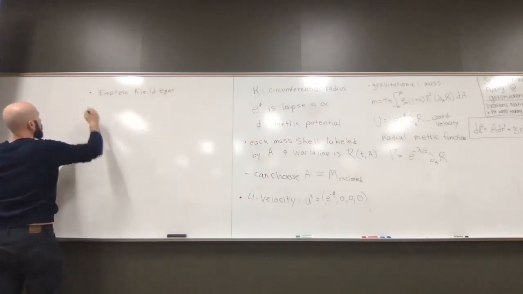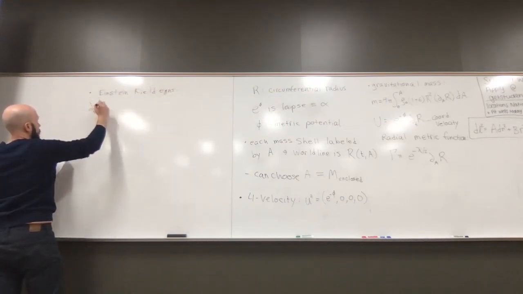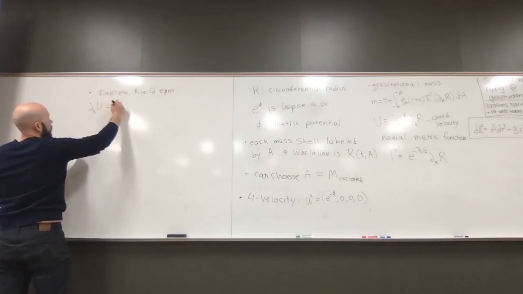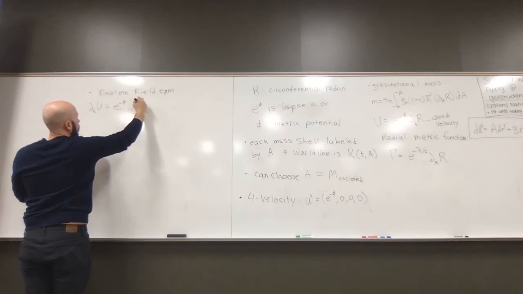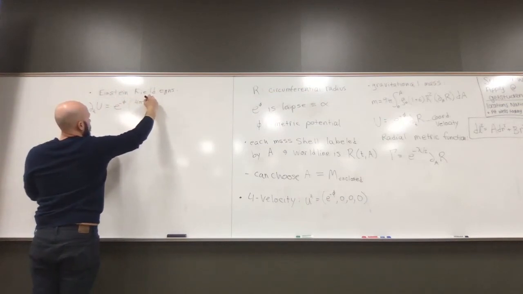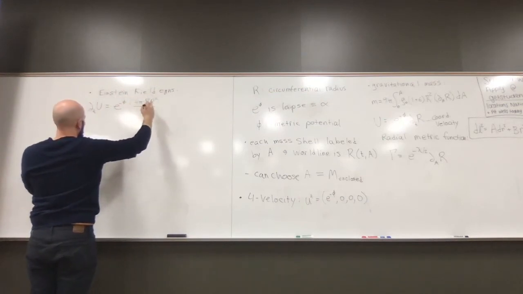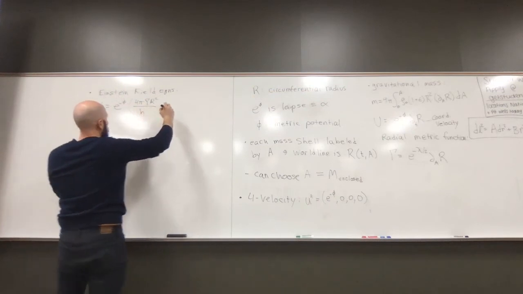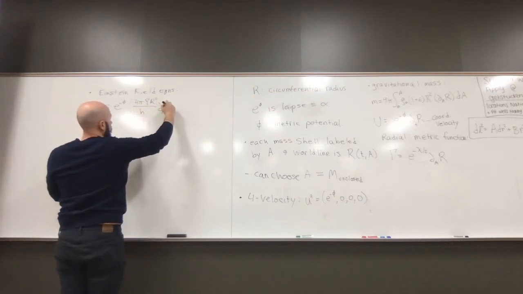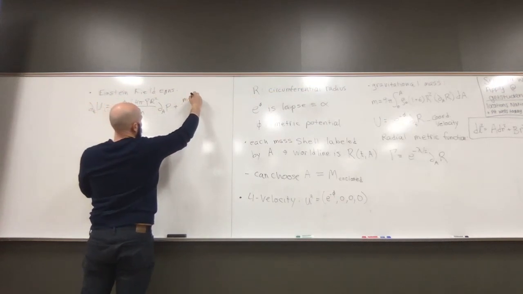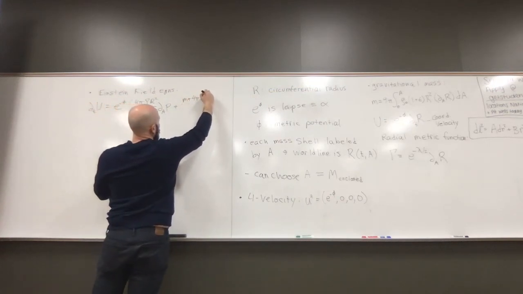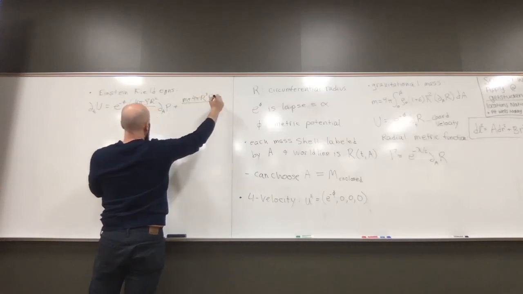They become partial with respect to t of capital U is equal to e to the minus phi of 4 pi gamma r squared all over h, the enthalpy, partial with respect to a of the pressure, plus m plus 4 pi r cubed times p, the pressure, all over r squared.